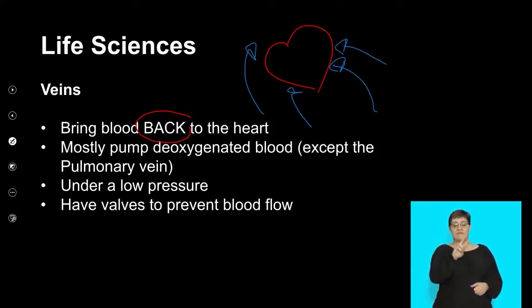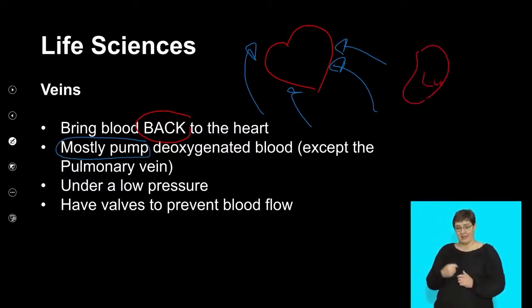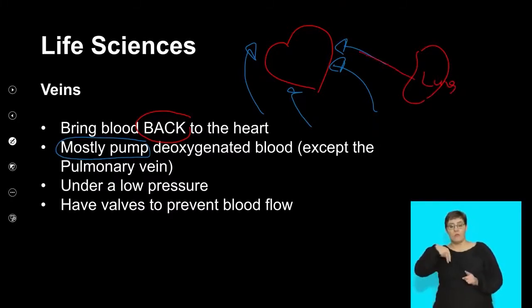Now again, like the arteries, it mostly pumps deoxygenated blood. And why do I say that? Here's my lungs, the pulmonary vein. The pulmonary vein brings in lovely, fresh, oxygenated blood. So that's an exception.